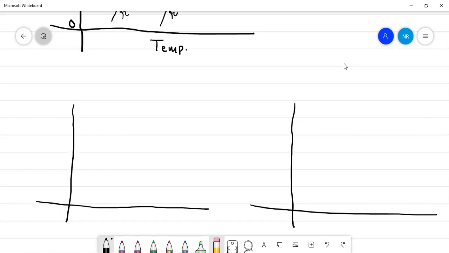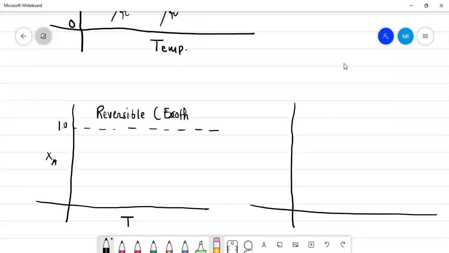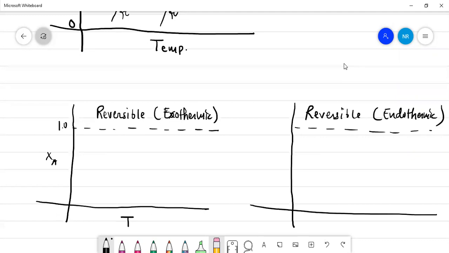For the equilibrium conversion, XA1, versus temperature. For the reversible exothermic and reversible endothermic. Here is a 1, here is a 1.